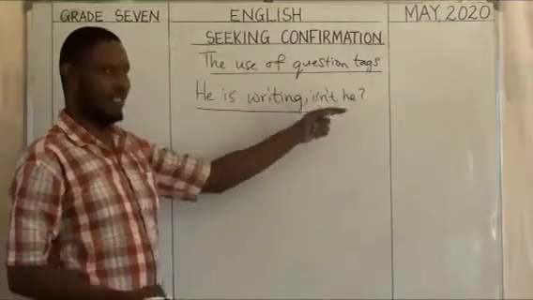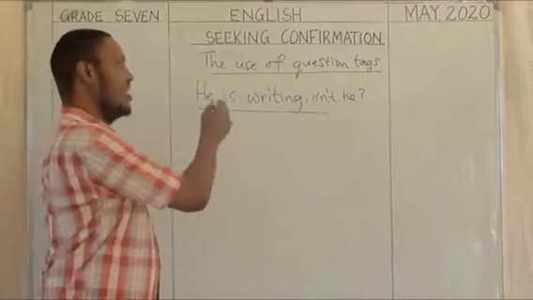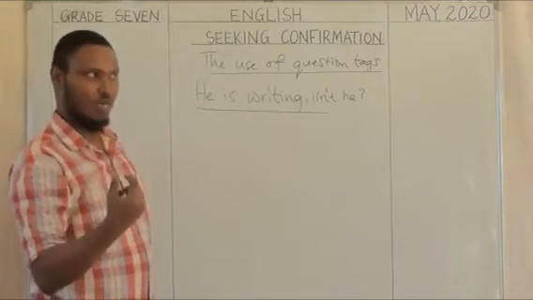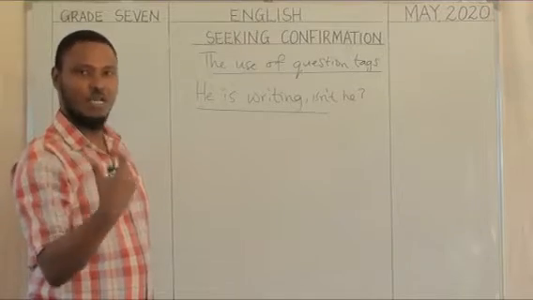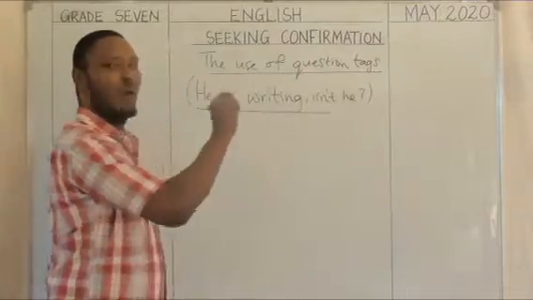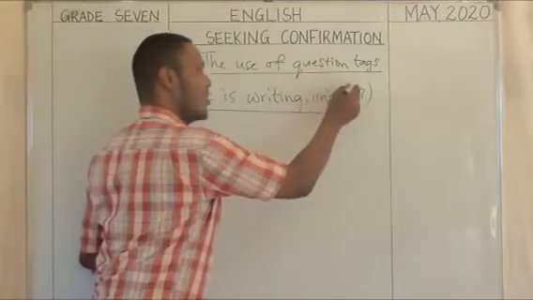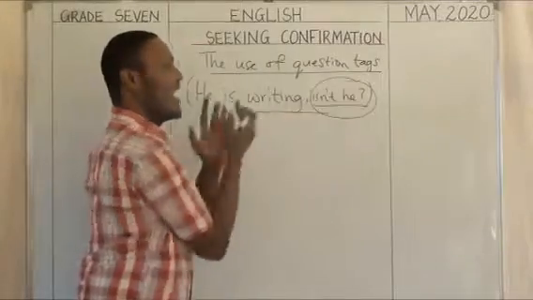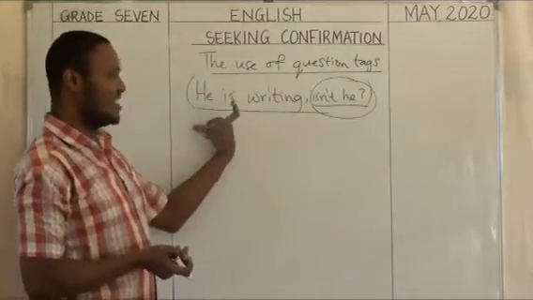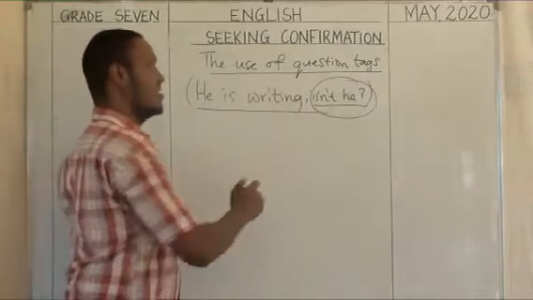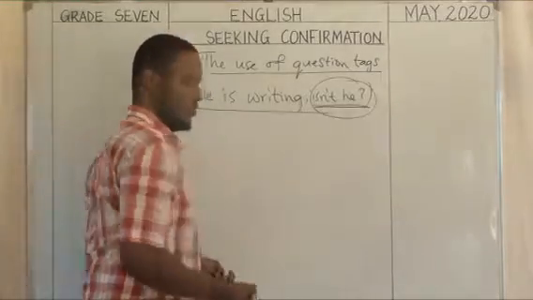If you tell someone he is writing, isn't he, you will get a response, because the telling sentence has changed into a question, since you've added something called a question tag. It's something that is added at the end of a telling sentence to make that statement a question. So this is an example of a question tag.